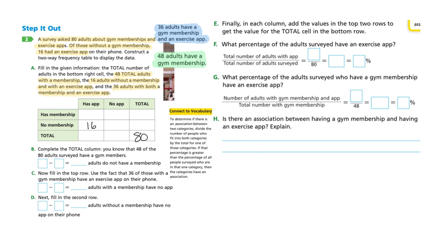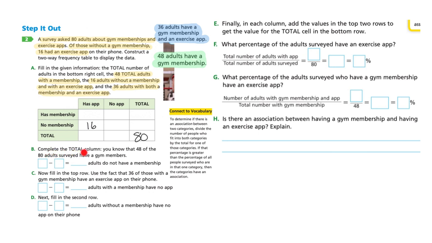So go ahead and fill in the rest of the table using all the information they give you. 36 adults have a gym membership and an exercise app. So has a membership, has an app, that would go there. 48 have a gym membership. So that means the total who have a gym membership, whether they have an app or not, is there, and so on. So you can complete that table on your own.